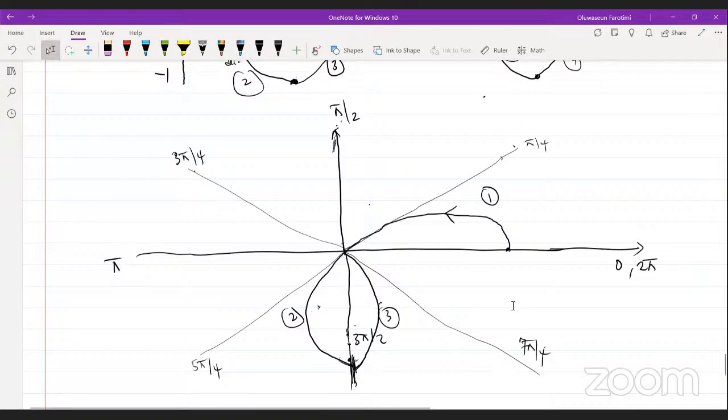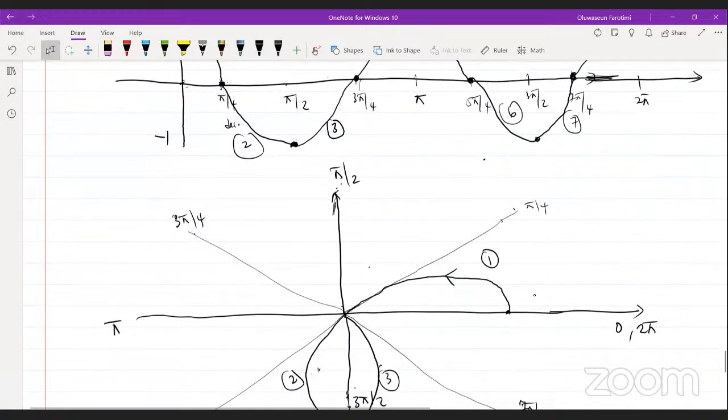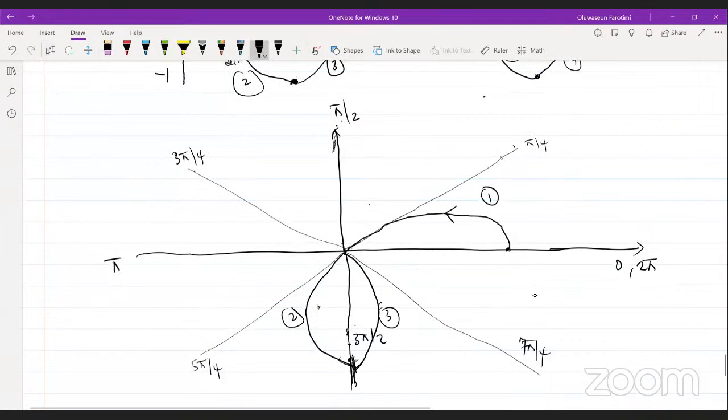Now let's go to 4, okay? In 4, we're going from 3 pi over 4 to pi, okay? So this is increasing, right? 3 pi over 4 to pi. R is positive, okay?